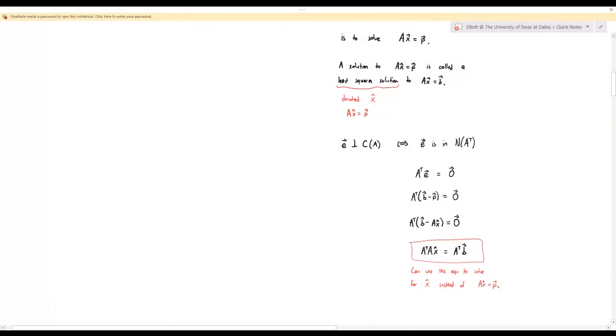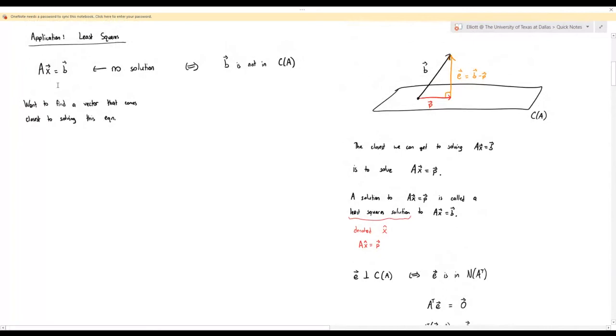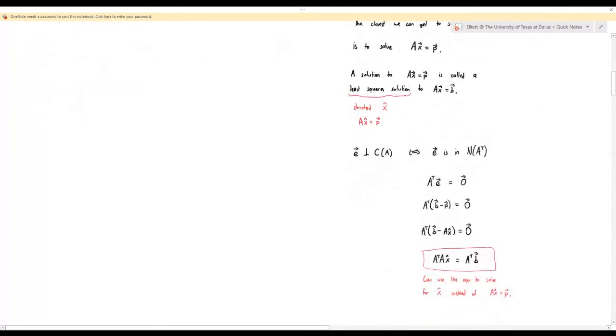That's convenient because in the other equation, you would have to compute the projection vector first in order to calculate the least square solution. But this equation is purely in terms of A and b, which would have been given from the original equation. So this equation is going to be more convenient and easier to work with to find the least square solution.